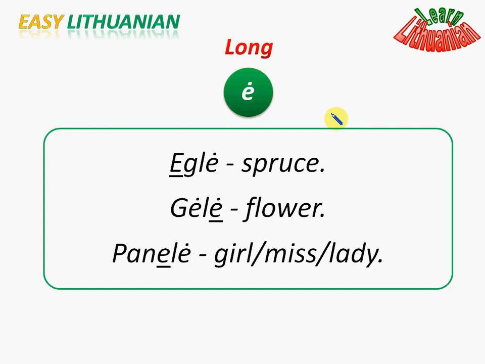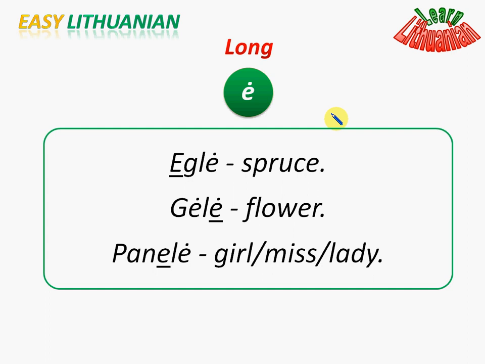It is slang. So this is the same sound, as if you said yeah in English. That's how you pronounce this letter. This is the easiest way I thought of to make you notice this sound.